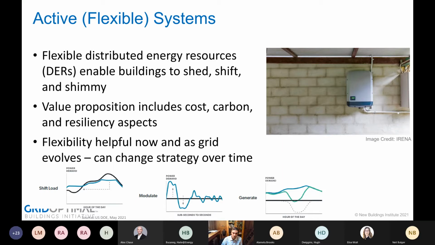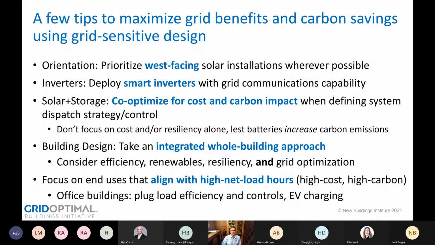One thing I know for sure is that the grid is evolving, and so flexibility is going to be more and more important. Exactly which directions it goes in are hard to predict, but I am confident of the increasing value of demand flexibility.